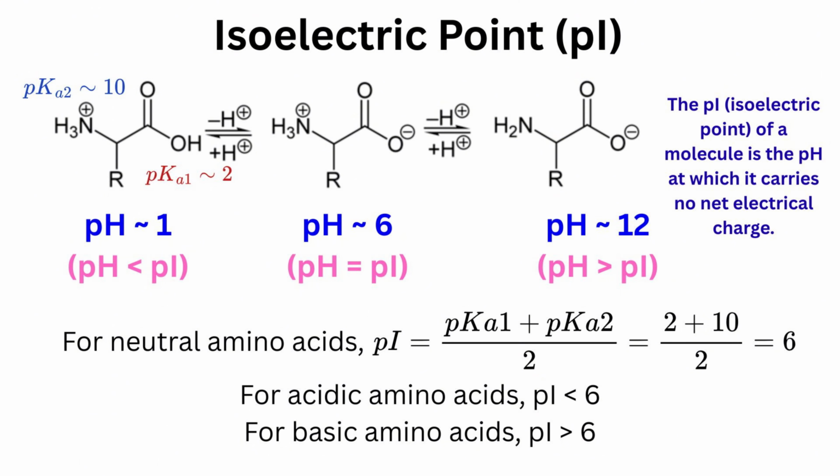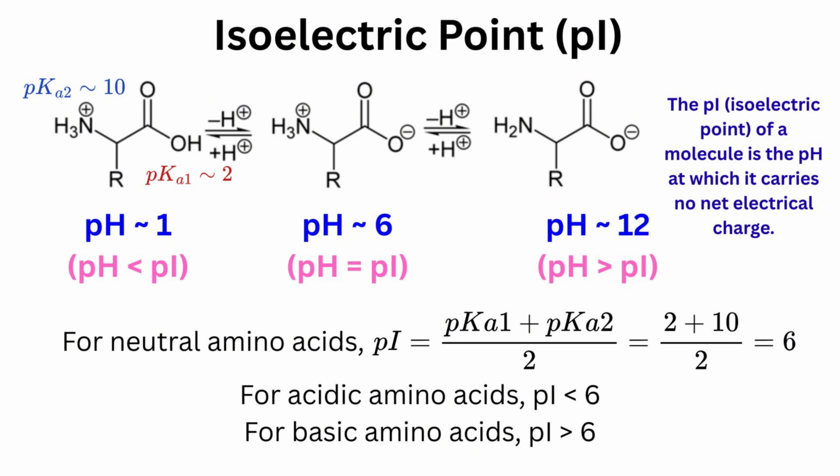Usually, pI for these amino acids is around 6. It is because the pKa of the carboxyl group is approximately 2 and that of the amino group is approximately 10. For amino acids with acidic or basic side chains, you include the side chain pKa in your calculation.